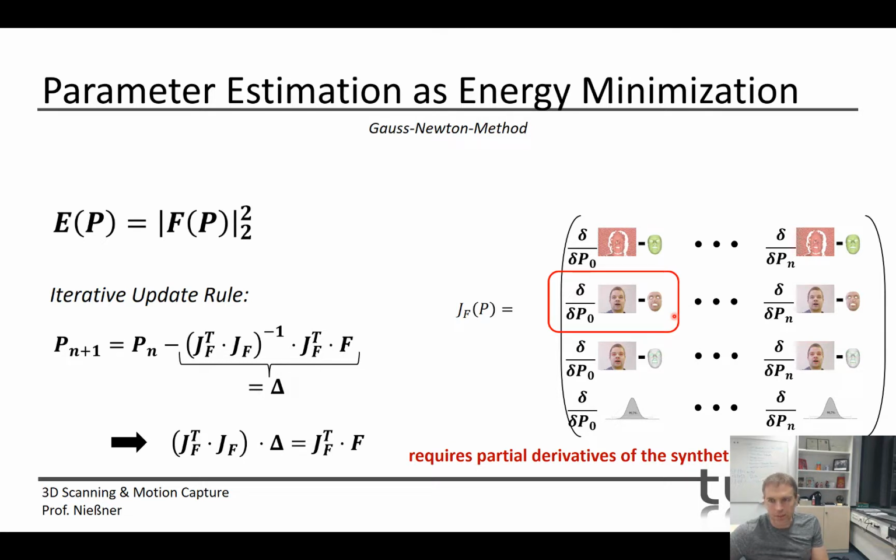What this means in practice is that we need to differentiate through the rendering process. So I would like to understand, if I re-render, how do my models change respectively? And this is what I said, it's a differentiable rendering process, right?